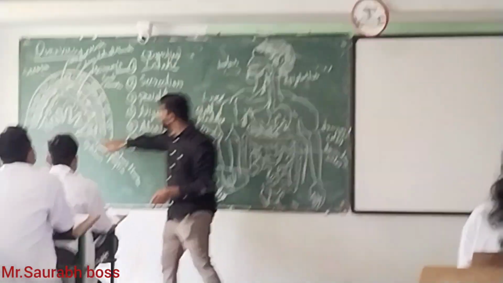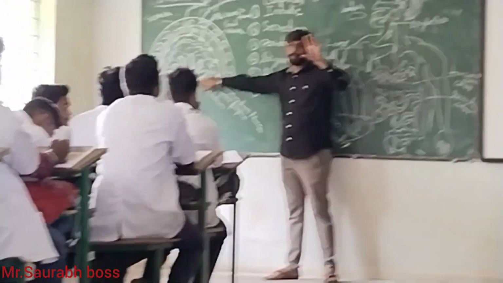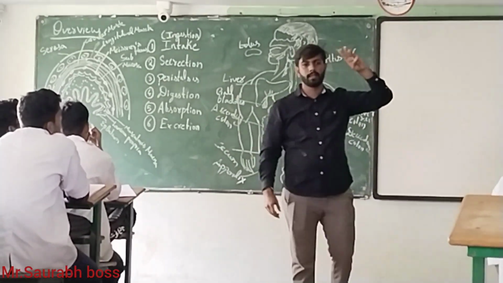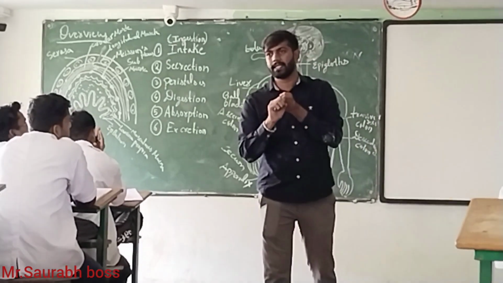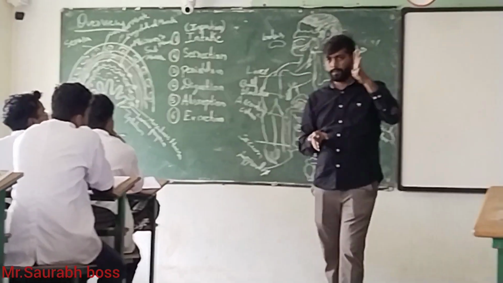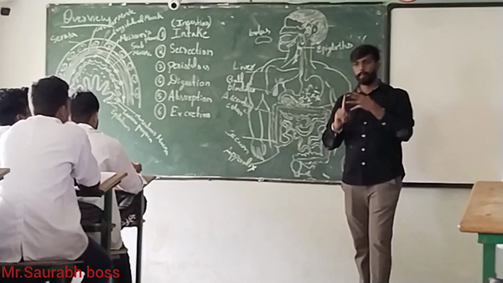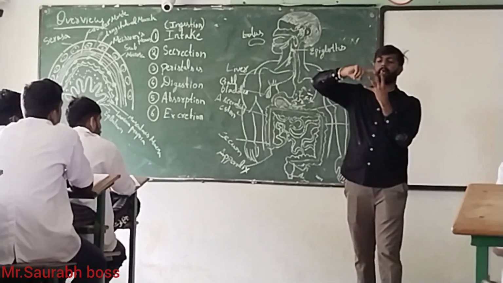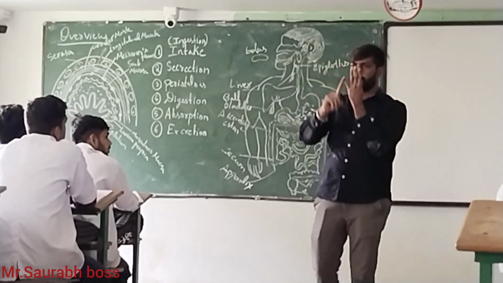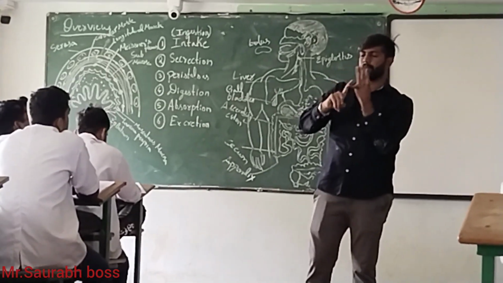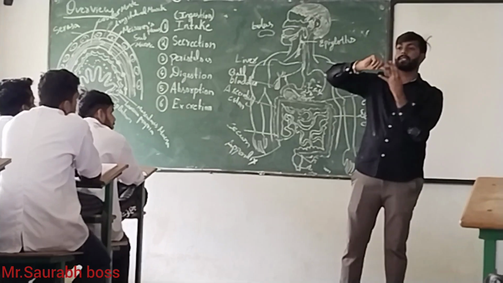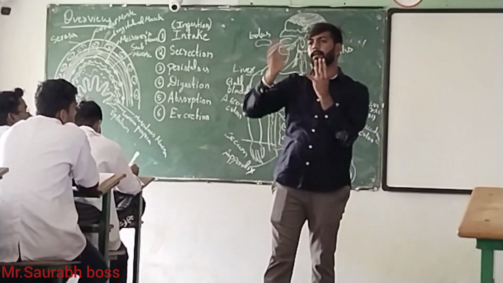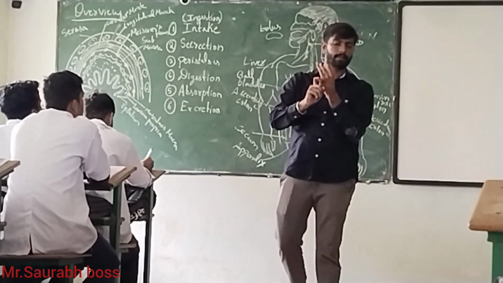So in the mucosa, remember, they are divided into 3 types. How many layers in the GI system? 4. Mucosa, submucosa, muscularis, then serosa. Just remember: epithelium, connective tissue, muscular tissue, then once again epithelium. Submucosa is connective tissue, muscularis is muscular tissue, then once again epithelium tissue is serosa.